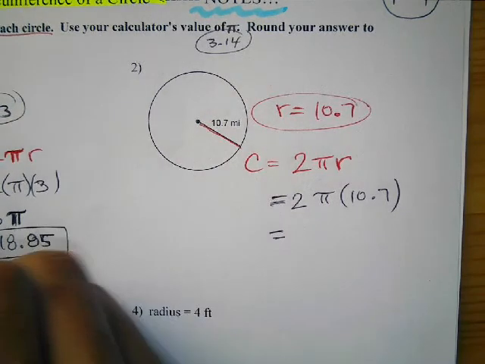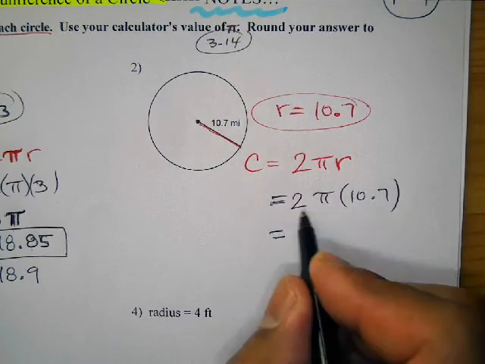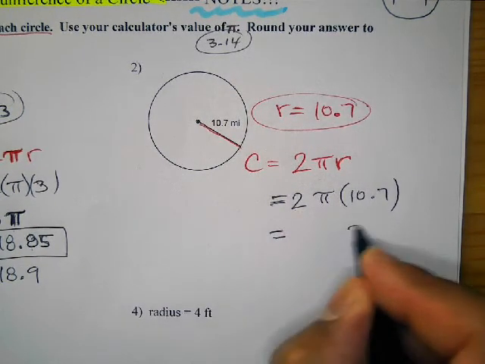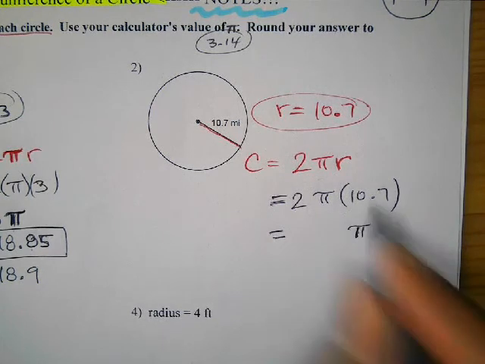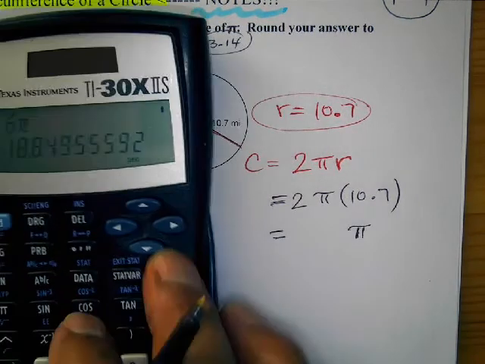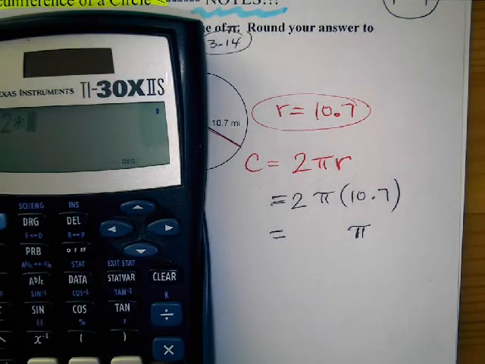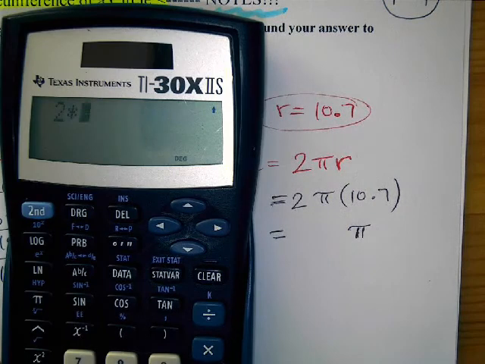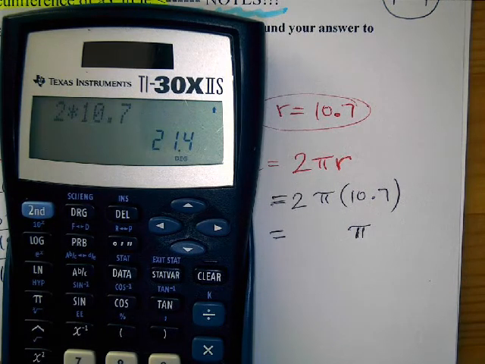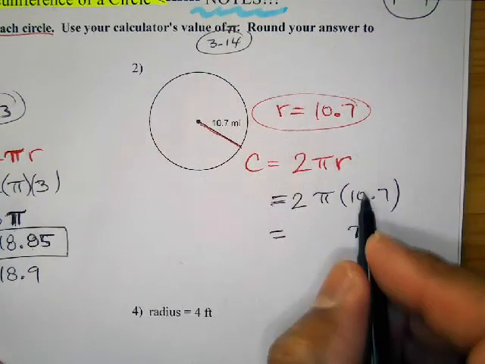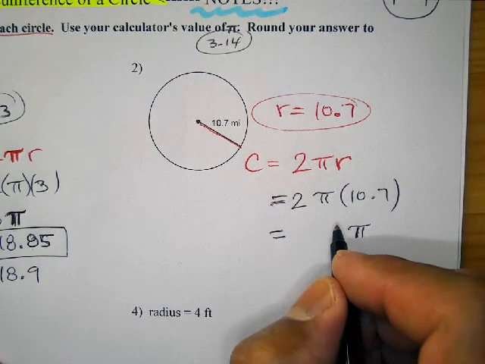Again, let's multiply these numbers first and leave the pi out in the back. What's 2 times 10.7? 2 times 10.7 is equal to 21.4.